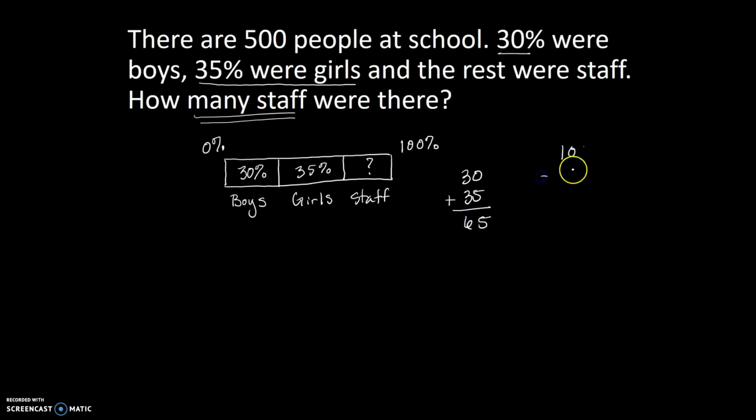My whole, again, is 100%. So I've got 100 minus 65, and I've got 35. Okay, so we now know that 35% of the population of the school were staff.